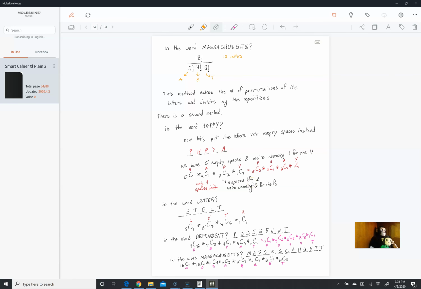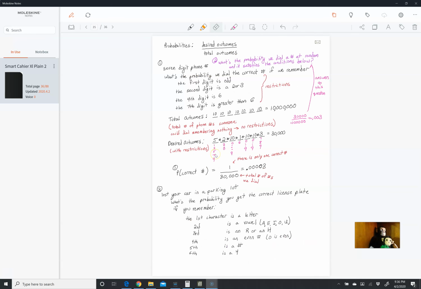Okay, now let's look at probabilities. So there aren't that many problems like this. We're just going to take a small number, not that many. Okay, so I had to pause and restart, so you're seeing a lot of stuff that just happened to appear on the page, but I'm going to go through and explain it slowly, okay?